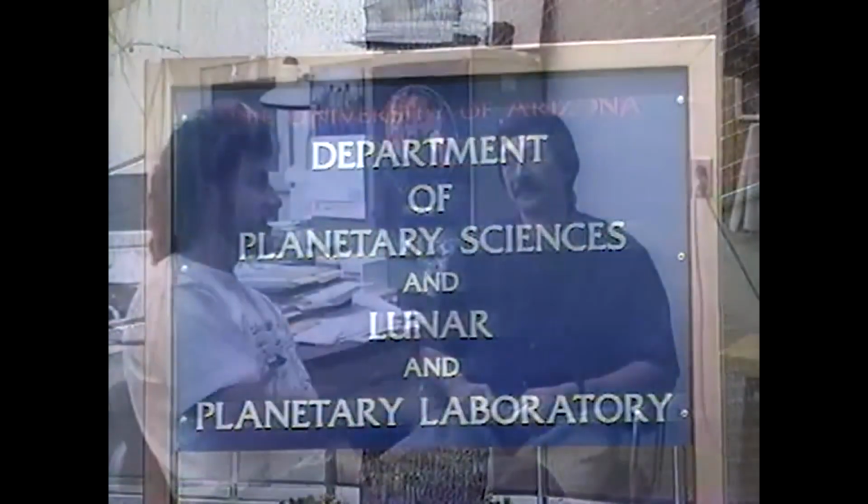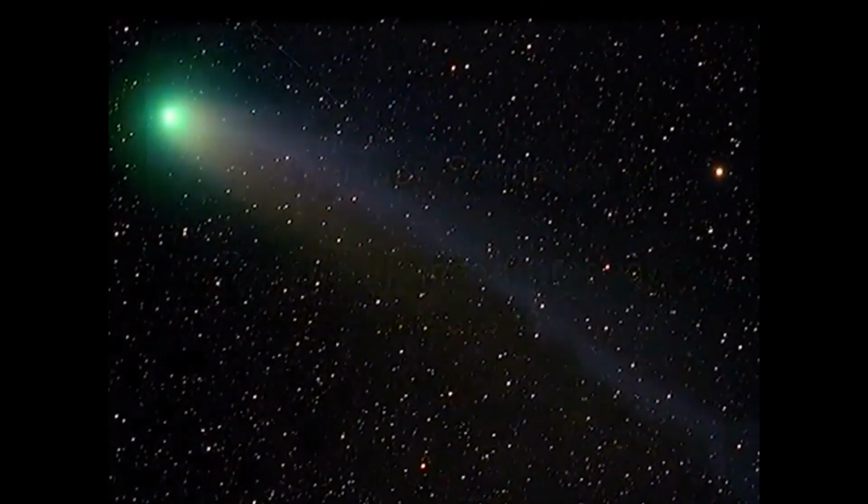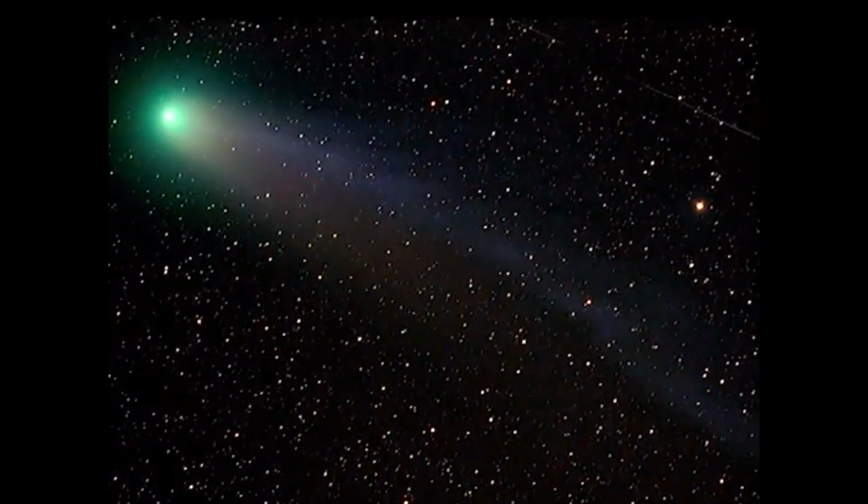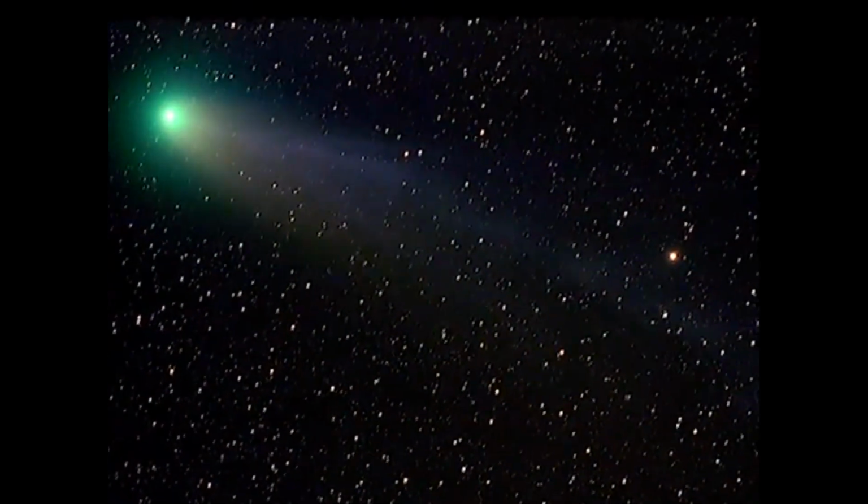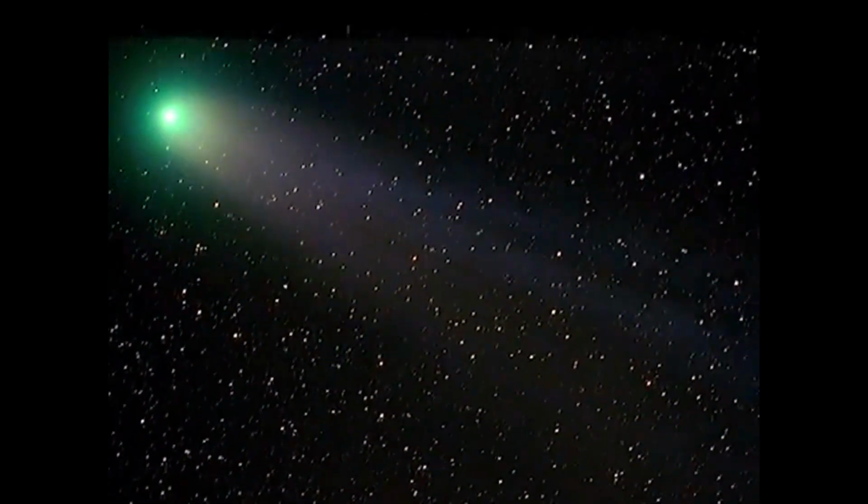So, Steve, these are nice, pretty pictures here, but can you tell us what's going on in a very basic way with the comet and what we're seeing? Well, these time-lapse videos show graphically how comets change in time rather than still pictures. And because they're color, they also show various components of the comet.